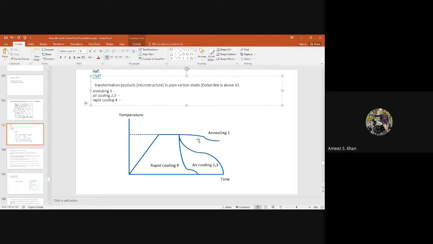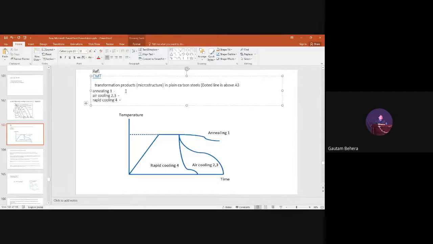I'm saying this curve is actually a half curve, but in the real situation the curve will go like this. Suppose this curve is a continuous curve and is going to the room temperature. This is the room temperature here. What is the product? Complete martensite.